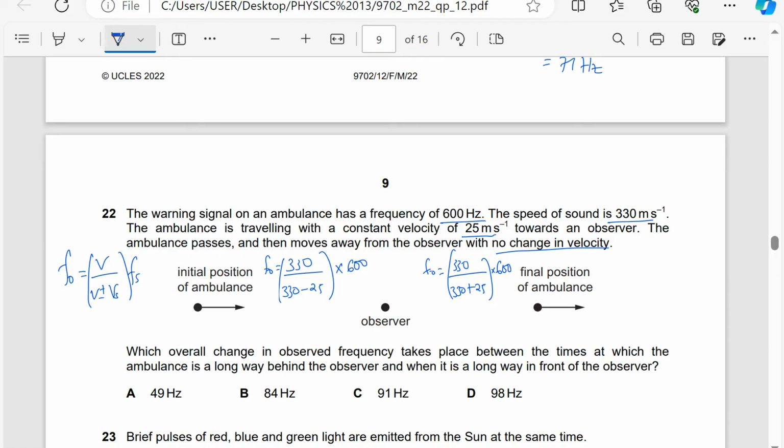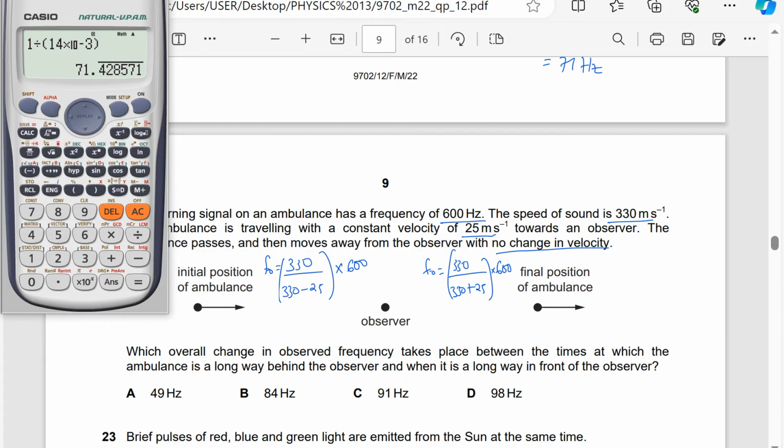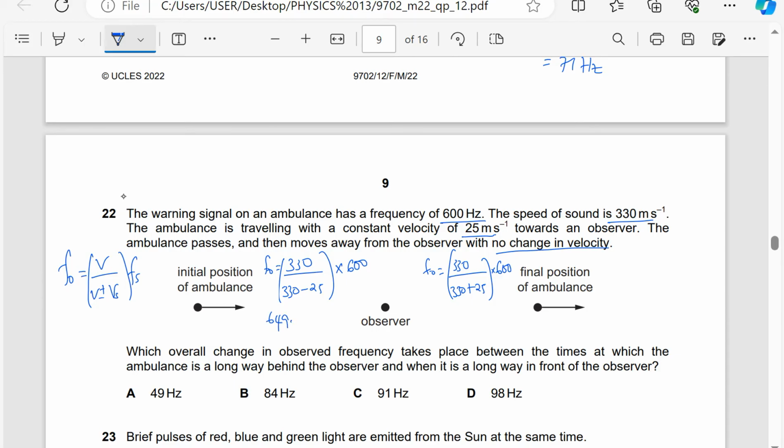So let's just press the calculator to check our values here. So I have 330 times 600 divided by 330 minus 25. So this is 649.18 Hertz.